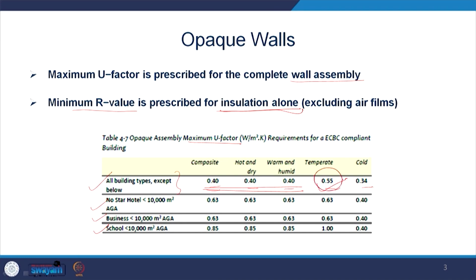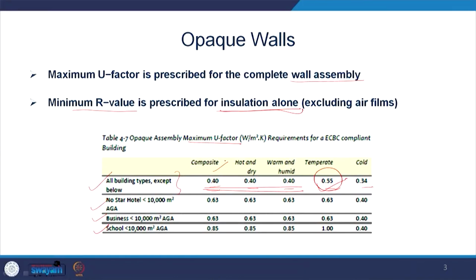Now, if you remember the concept of U value, the U value, which is the thermal transmittance property of any material or an assembly of materials, is the property by virtue of which heat is transferred from one side to the other based upon the temperature differential. So, if we look at the composite climate, hot dry climate and warm humid climate, the temperature differential is quite high.